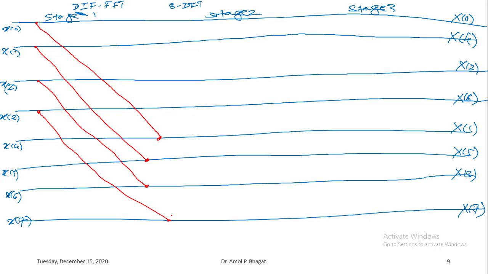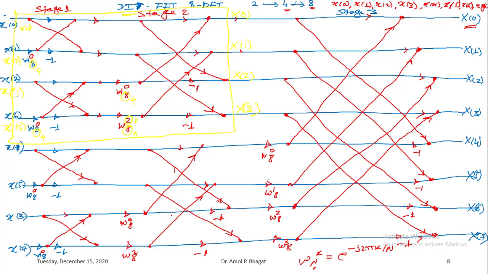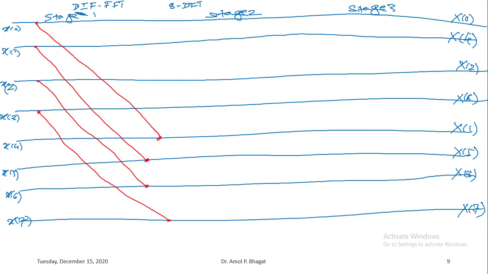Okay, so wherever there is a dropping line, it will get multiplied with -1. So we are drawing this stage 3 structure at stage 1 in case of the DIF FFT algorithm, right? Wherever there is a dropping line, it will get multiplied with -1. Okay, and then here it will be these lines.